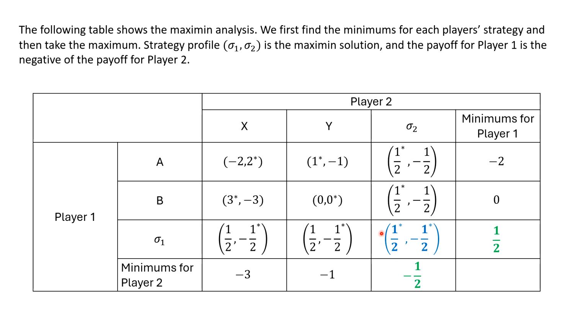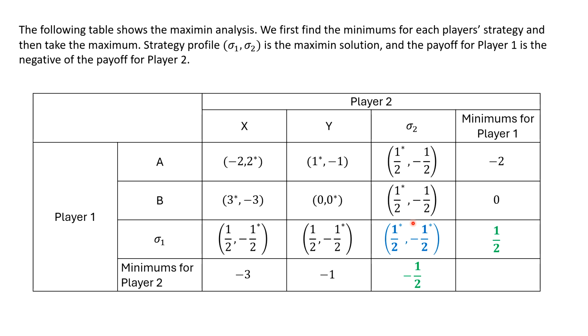And then we have a star next to both entries in this cell here. And so this is our Nash equilibrium, and it's also our maximin solution. So we've verified, in one example, the general statement I made earlier.